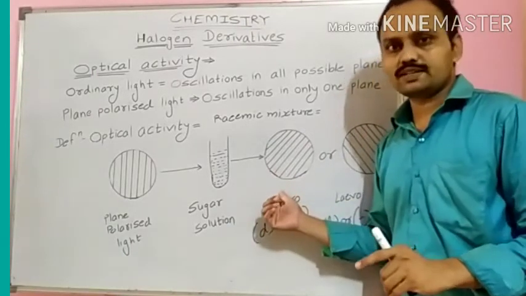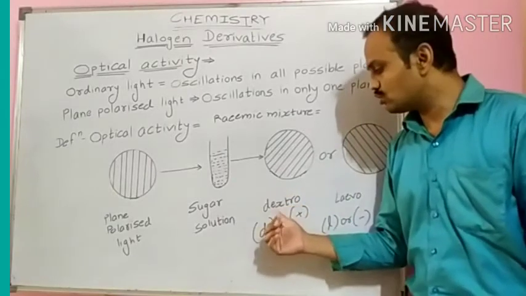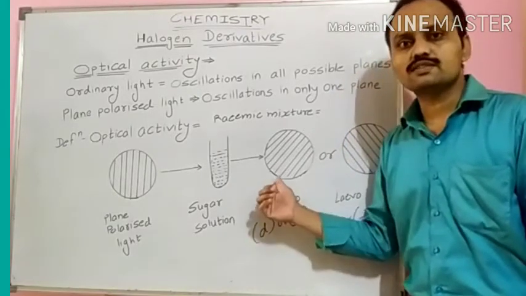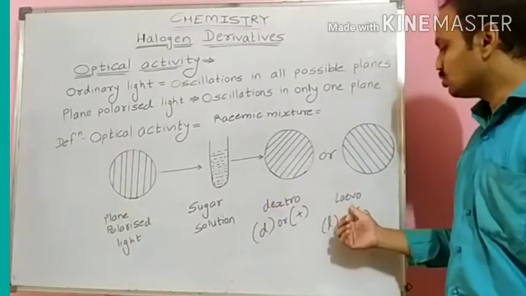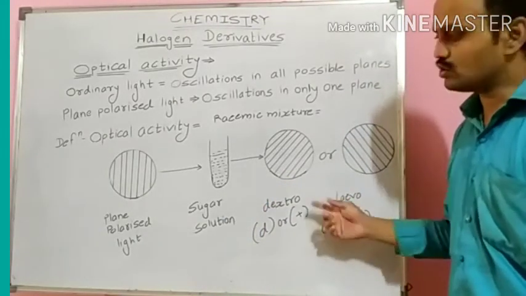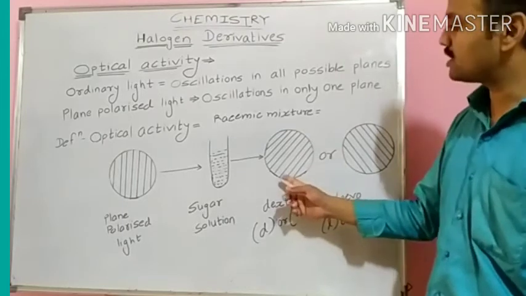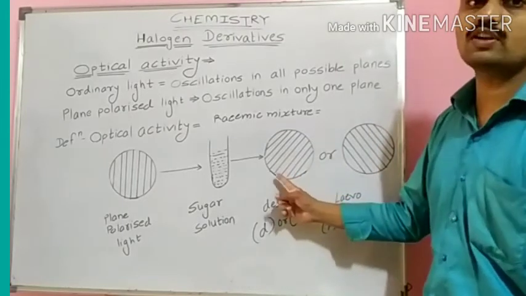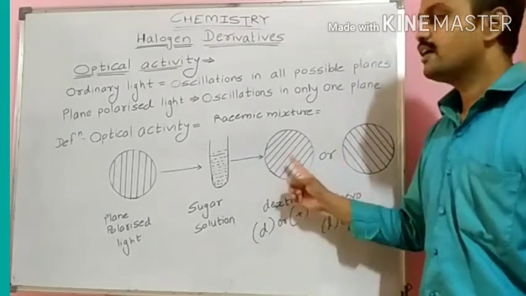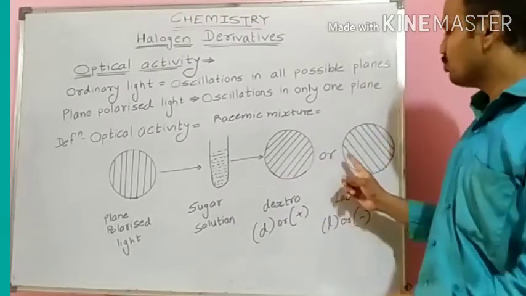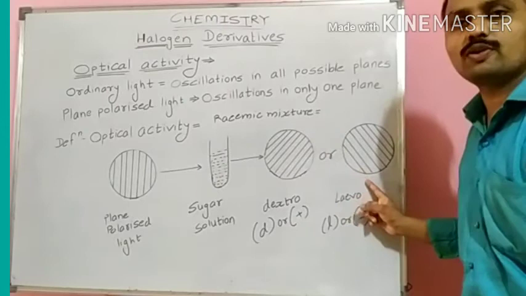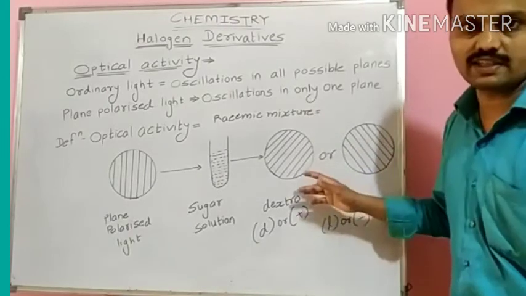This is because whatever effect is caused by the dextrorotatory substance gets cancelled by the levorotatory substance. The dextrorotatory substance will try to rotate the plane of plane polarized light towards the right hand side, and the levorotatory substance of the same concentration will try to rotate it towards the left hand side.